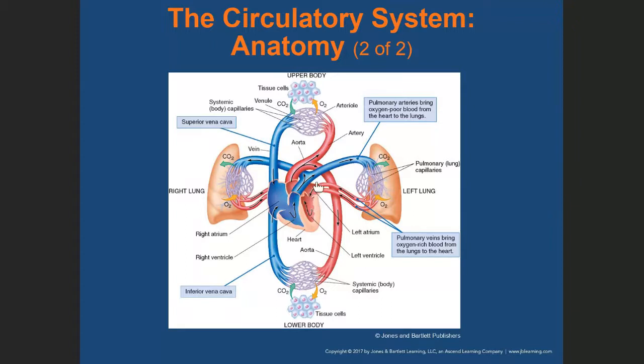Because the left ventricle is receiving blood, but it's not distributing that blood fast enough through the aorta. So you'll get a back pressure that builds up on the mitral or bicuspid valve. The valve can't close properly. Then you have a back pressure building up in the left atrium, and you start to get a back pressure in the pulmonary veins. You have 4 pulmonary veins, 2 that are coming from the left, 2 that are coming from the right lung.